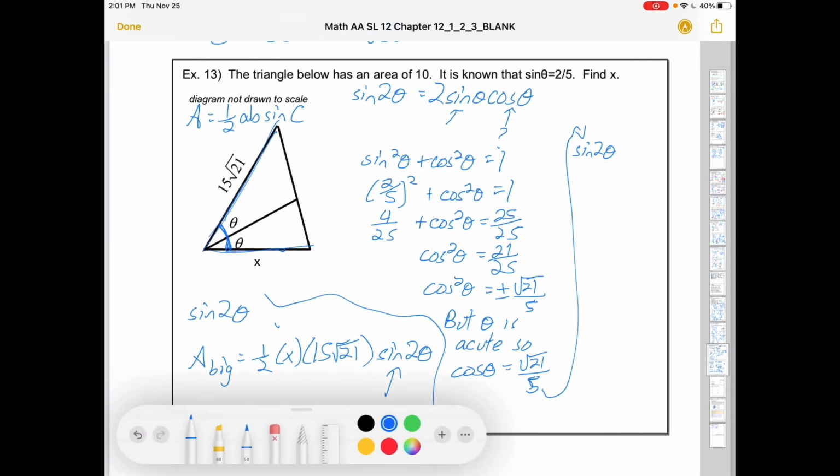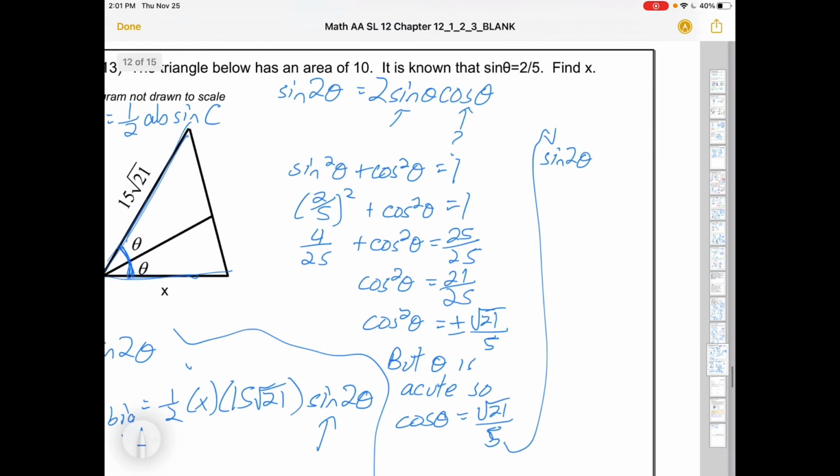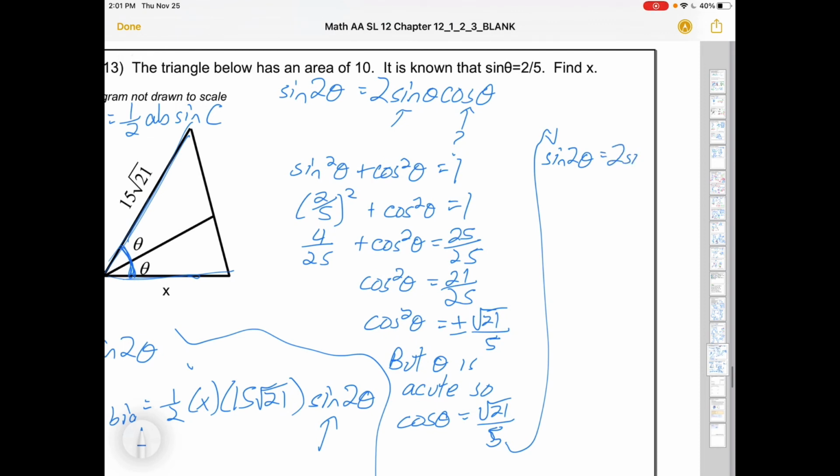So sine 2 theta is going to be, let's see, 2 sine theta cos theta. And we found that out to be 2 times 2/5 times root 21 over 5, or 4 root 21 over 25. That is the sine of this big angle over here.